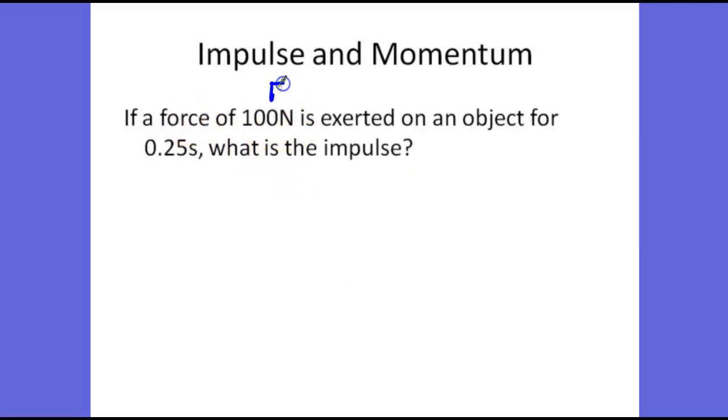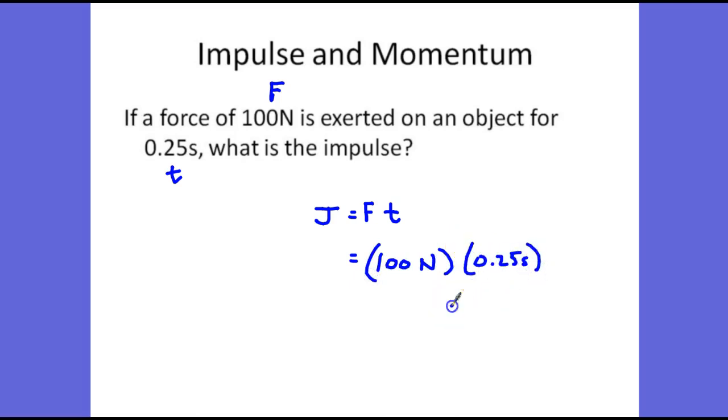If a force of 100 newtons is exerted on an object for 0.25 seconds, what's the impulse? Impulse is force times time. And so 100 newtons times 0.25 seconds is 25 Newton seconds.